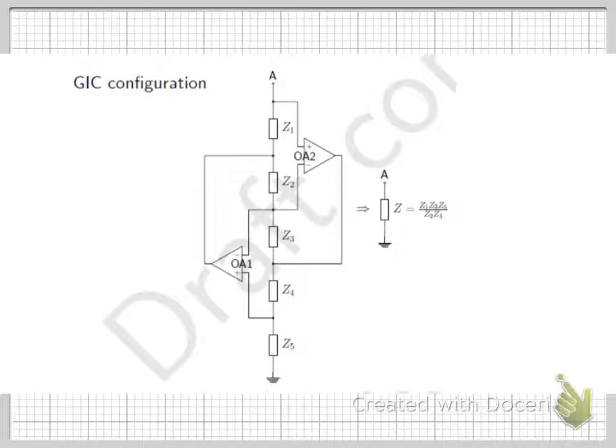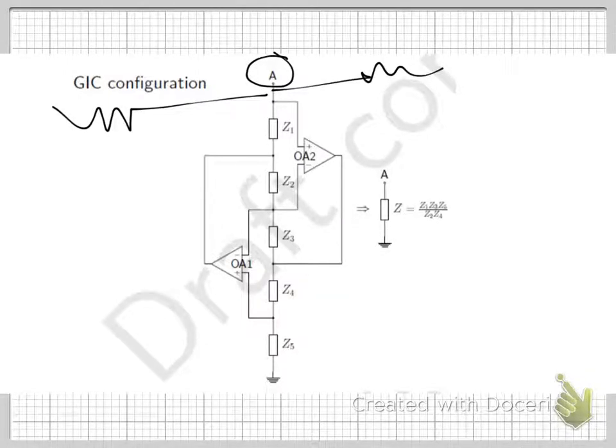So the way your jig is connected is by this node A. That's how it's connected, where this is just one part of the circuit and that's another part of the circuit.